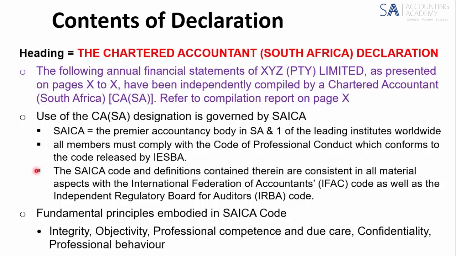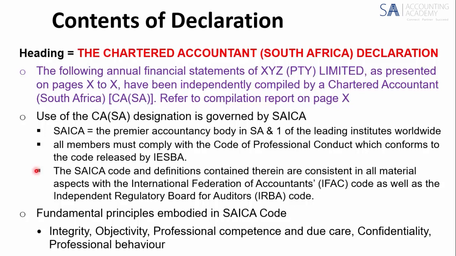The reason why they also refer to the IRBA code is the IRBA code has already been adopted for the South African context within our public interest entity definitions, the changes for listed entity, which is now called a publicly traded entity. So they've gone and they've adopted those same changes.